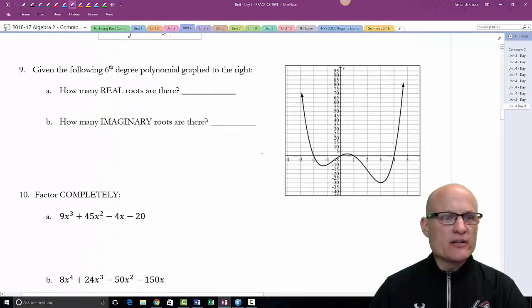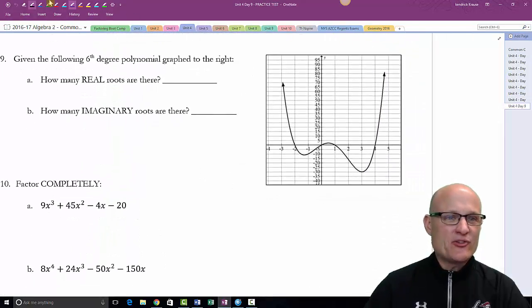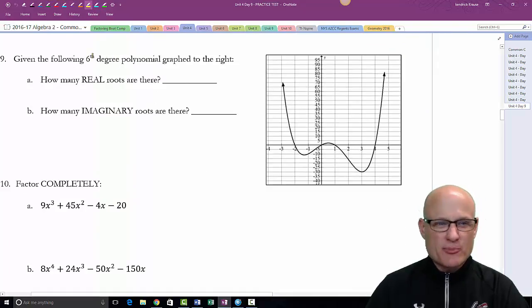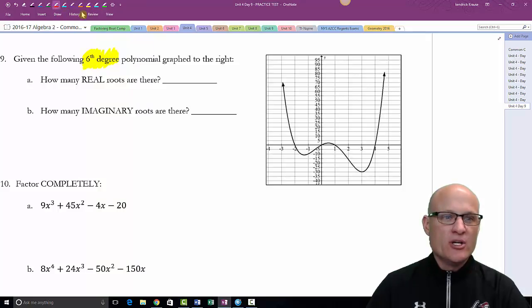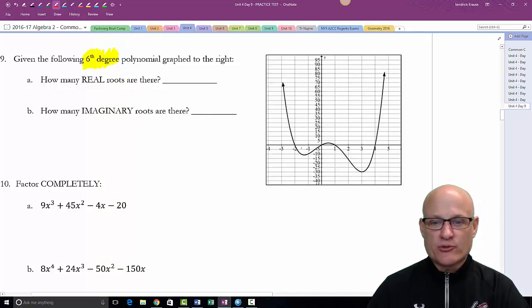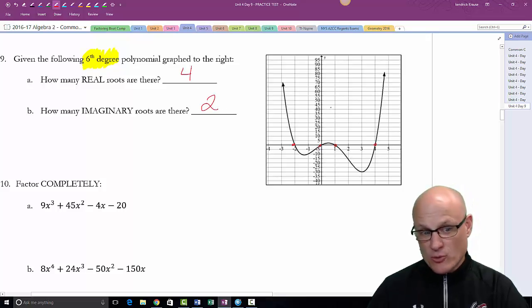Given the following, now this is really important. It doesn't look like it's really important, but it's really important. 6th degree polynomial. If it's a 6th degree polynomial, it can have 6 roots. I have 1, 2, 3, 4 real roots. That means there are 2 imaginary roots somewhere in there.